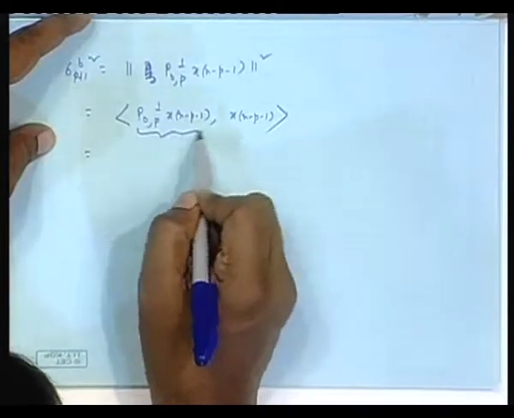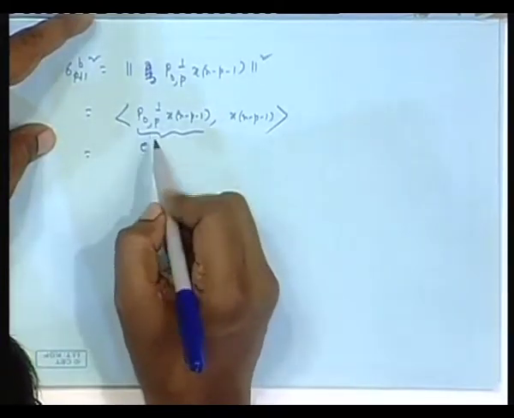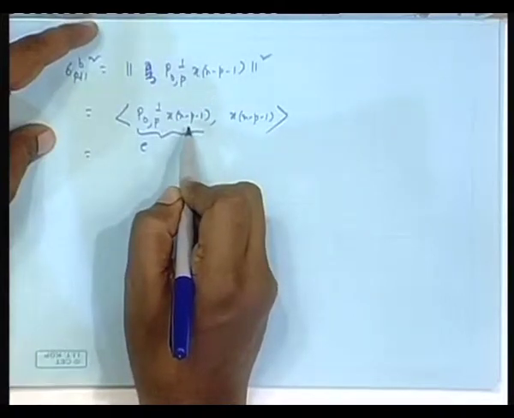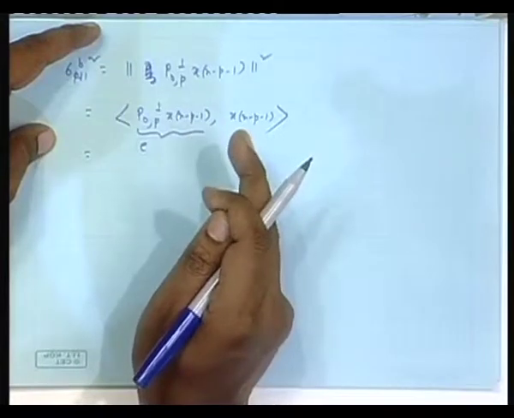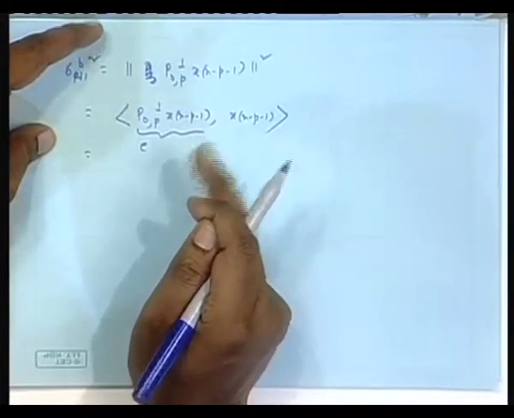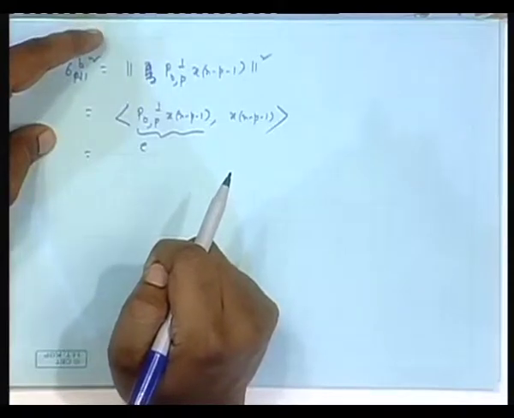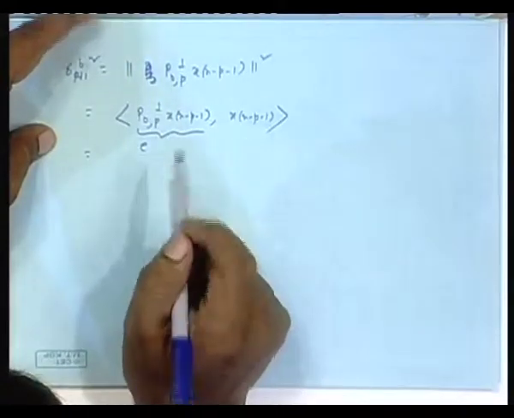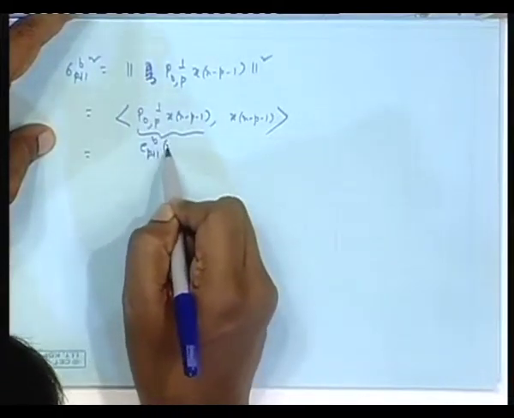And this is what? This is backward, it's a backward prediction error, x n minus p minus 1, p plus 1th order backward prediction error for index n. Index n is the current index, this is p plus 1, that is where this is actually e p plus 1 b n.